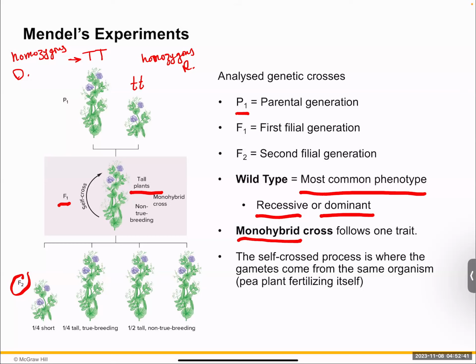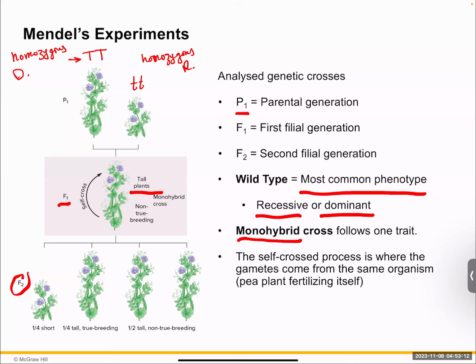And when you create your F2 generation, one thing that you notice is that out of the 4 possibilities, you have 3 of them being tall, and 1 out of the 4, or 1/4, would be the short. I will look at why there's 4 here. This is associated with the Punnett square.